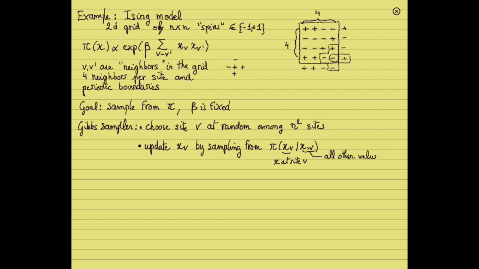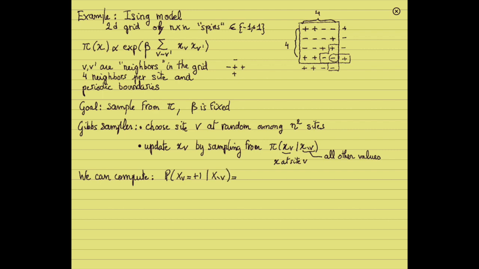So from the form of the distribution pi of x, we can in fact obtain the conditional distribution of xv. So we can compute the probability that xv should be plus 1 or minus 1 given the other sites according to the distribution pi.